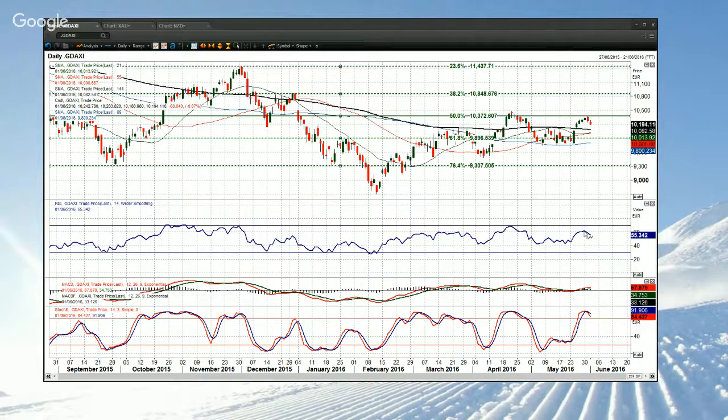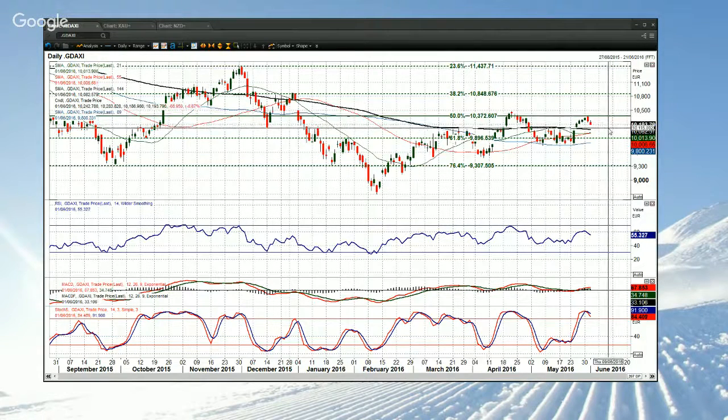And the RSI, again, is very much neutrally configured. RSI between 40 and 60, that's neutrally configured momentum. So you'd be playing that as a range play, and within a range play, you play the mean reversion. So you'd be reverting back to the mean, which would be not a million miles away from that fib level, of sort of 10,000.